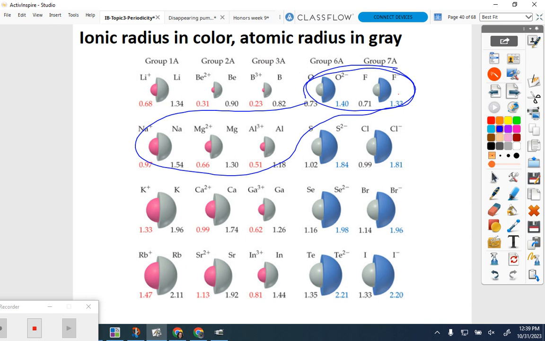So if I were drawing this, of course I don't have a periodic table on me, but if this was a periodic table and I were drawing my trend, I might say something like ionic radius decreases.